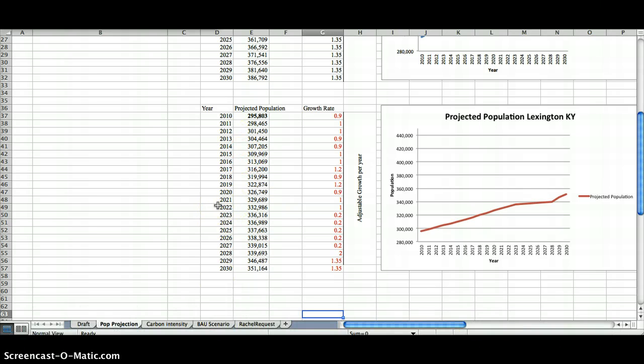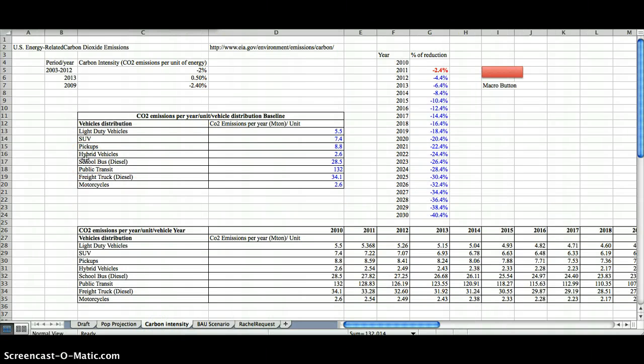So after I found the projected population number, I'm going to apply carbon intensity, about what we talked about yesterday, about improvement in technology, but not only technologies applied to the vehicles itself.